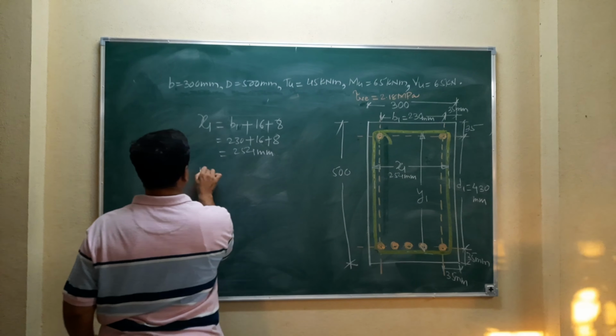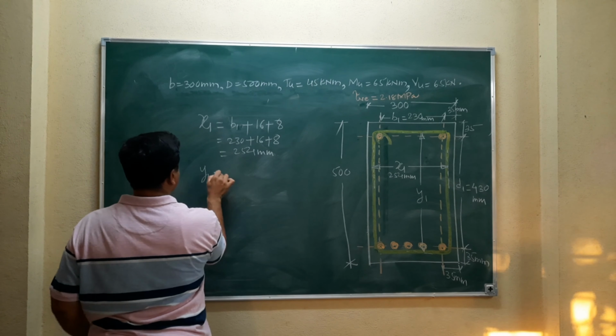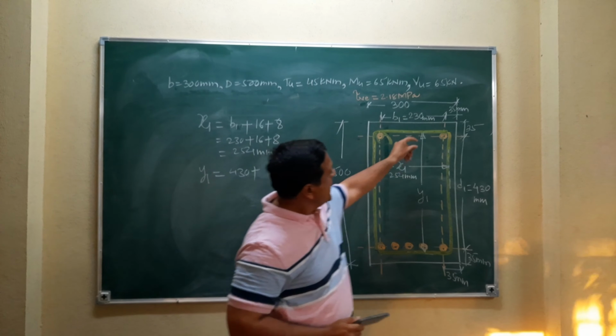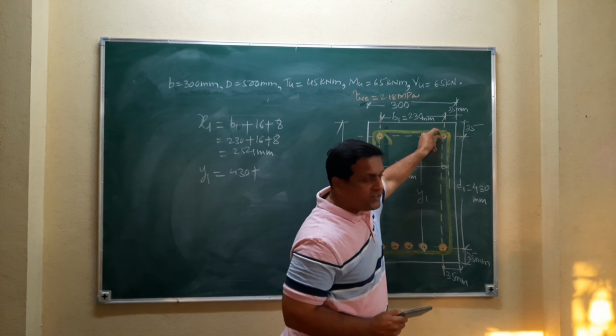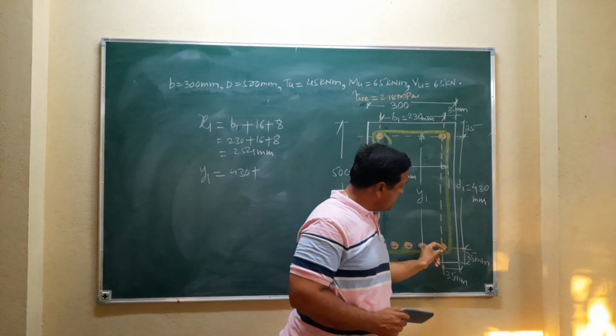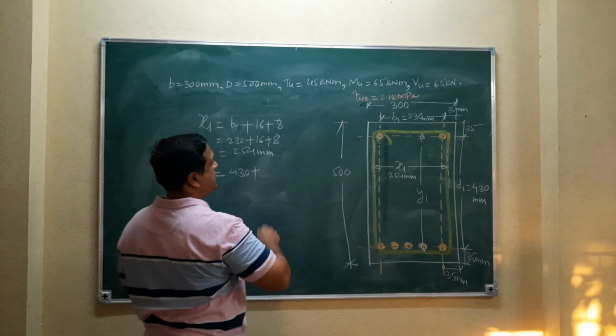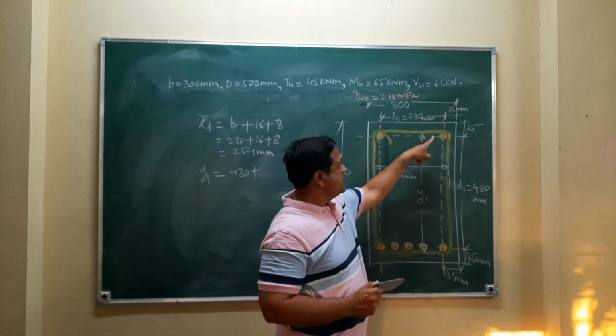Like this, how to find out y1? y1 is d1, which is 430, plus half of the compression steel and half of the tension steel. With 16 mm diameter steel, half of 16 is 8, so you add 16, and again half of 8 is 4, so you add 8.